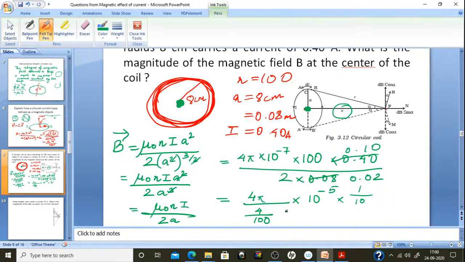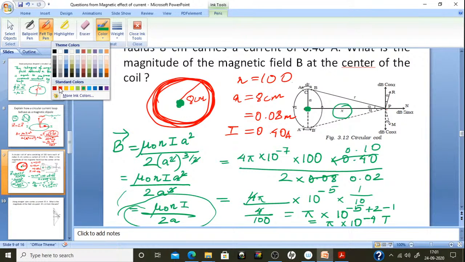Don't worry about the maths part, you will be able to do it. Now this will become pi, and this 100 will go up, so it will become 10 to the power minus 5 plus 2 minus 1. So the answer will be pi into 10 to the power minus 4 Tesla. Just tell me whether you understood how we got this formula or not.